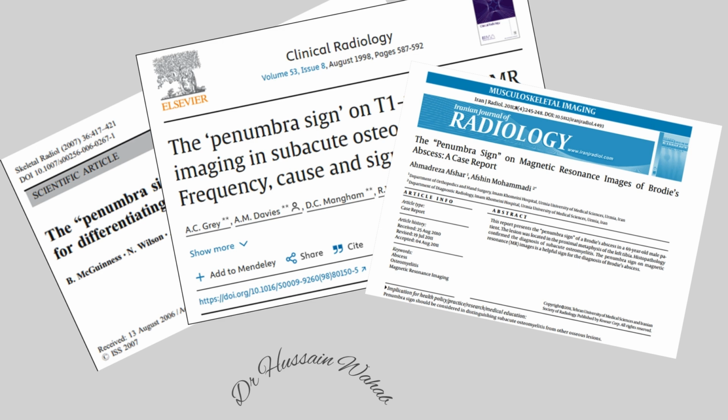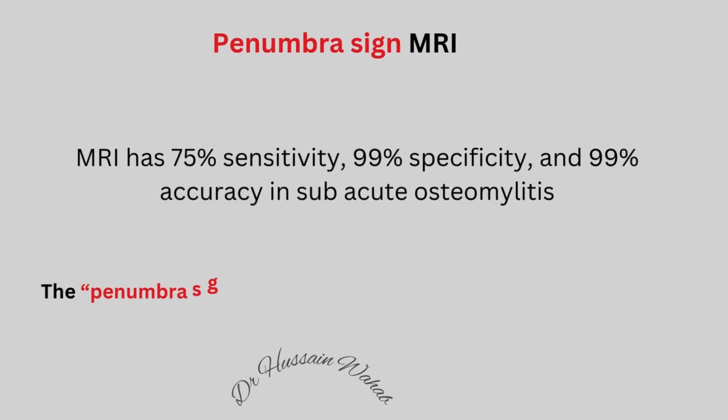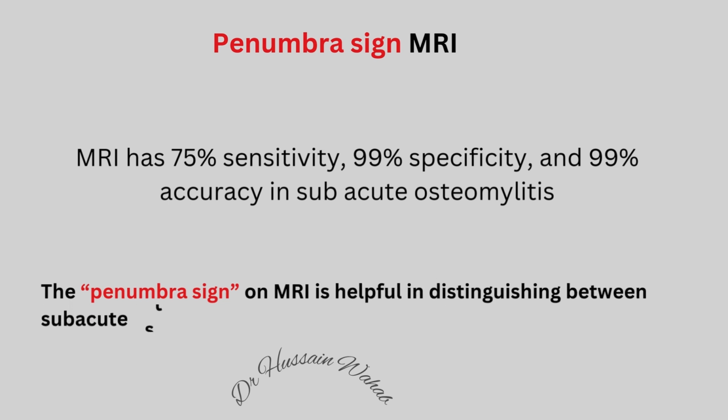According to literature, the penumbra sign on MRI is helpful in distinguishing subacute osteomyelitis from other osseous lesions. This sign has a sensitivity of 75%, and specificity, positive and negative predictive values all higher than 90% in the diagnosis of subacute osteomyelitis.